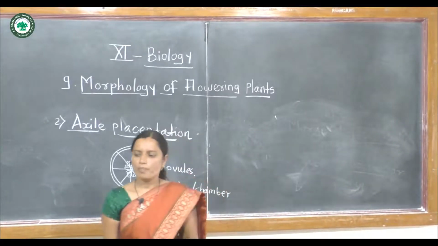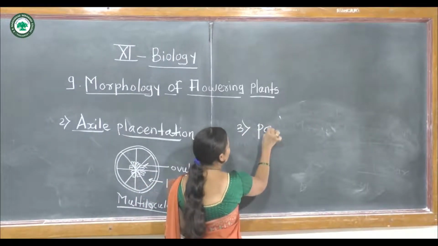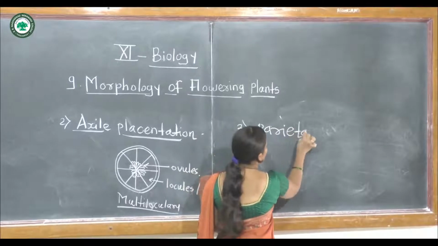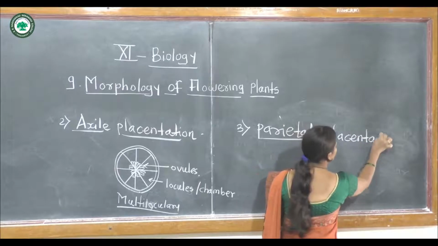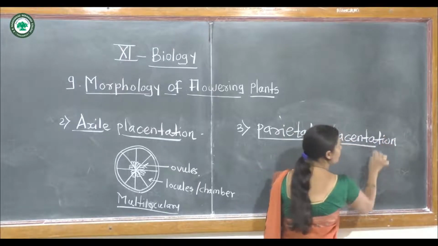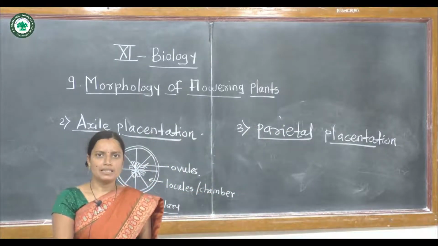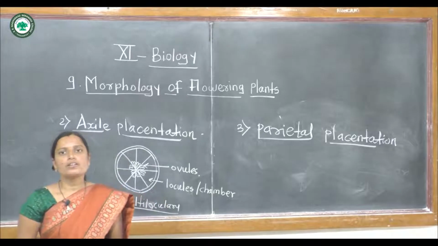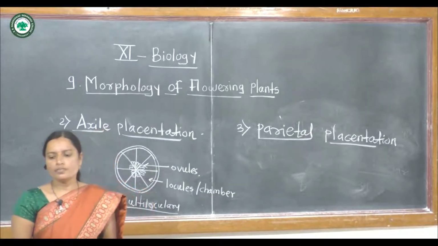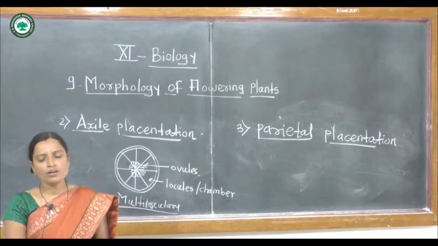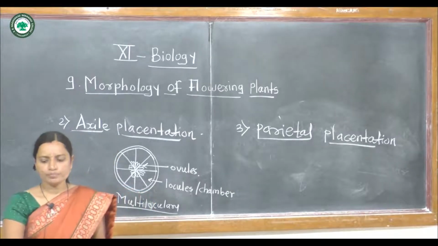Here the ovules are placed on the inner wall of a unilocular ovary of a multicarpellary syncarpous gynoecium.